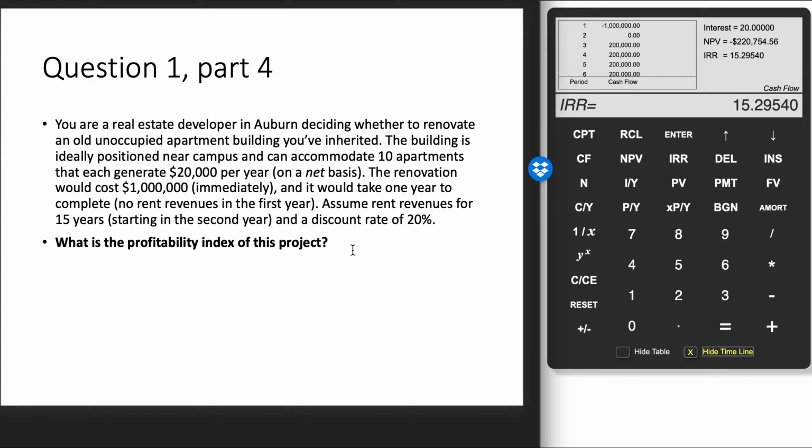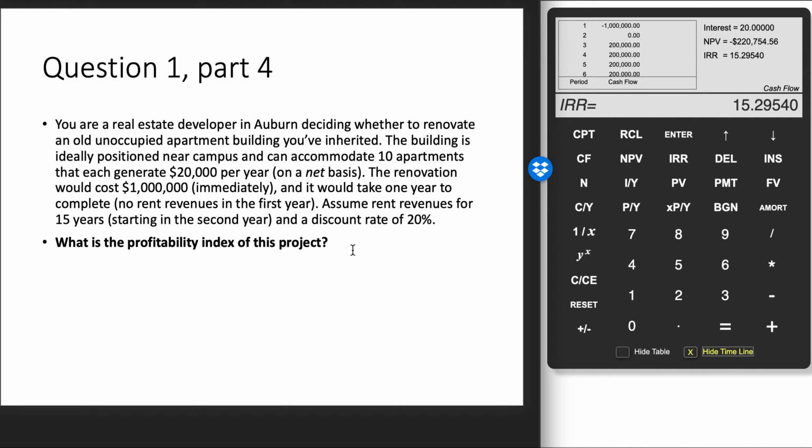The profitability index is the present value of cash flows divided by the cost. So it's very similar, but at the same time, it's different, right? Like I mentioned in the lecture, the profitability index, by dividing, is essentially scaling by size.